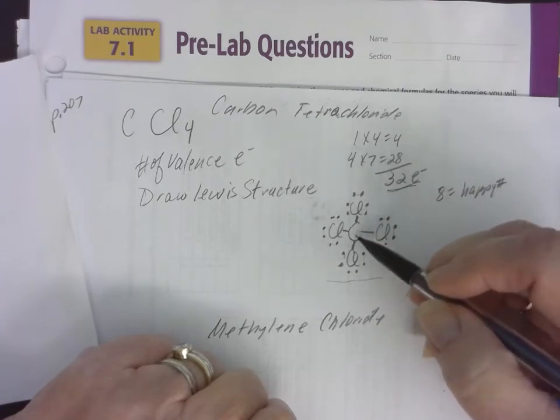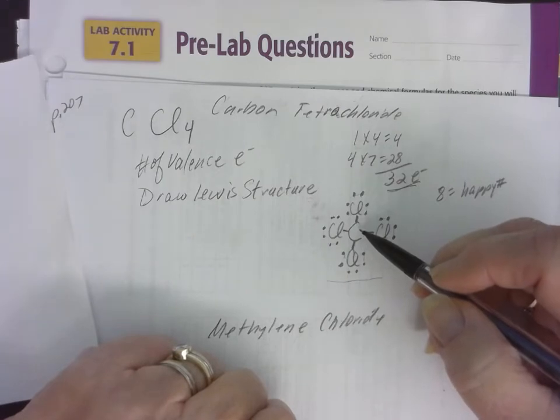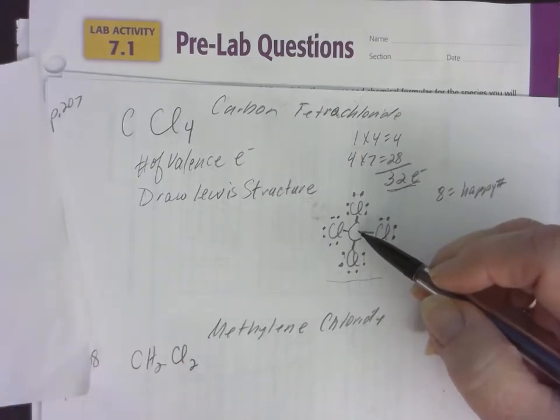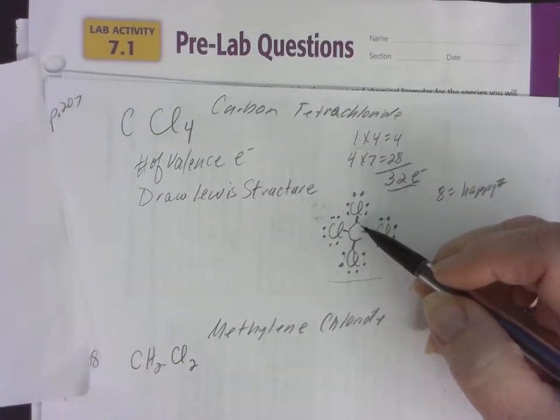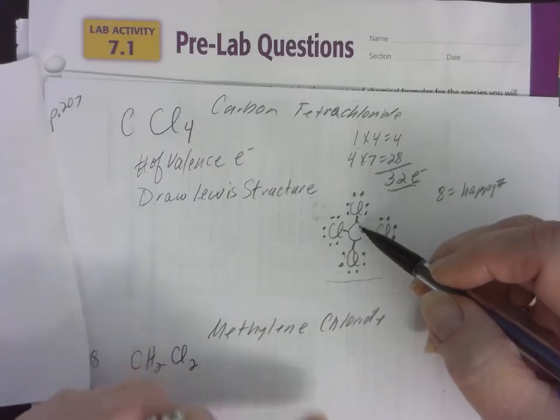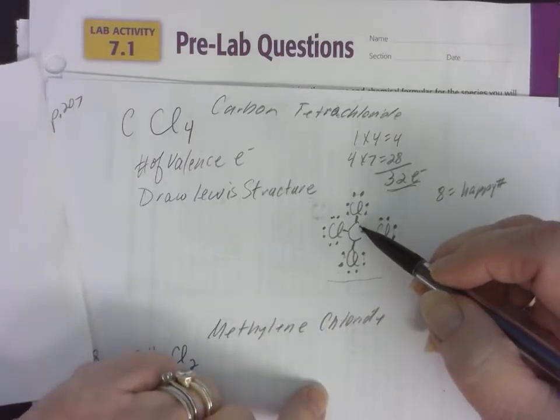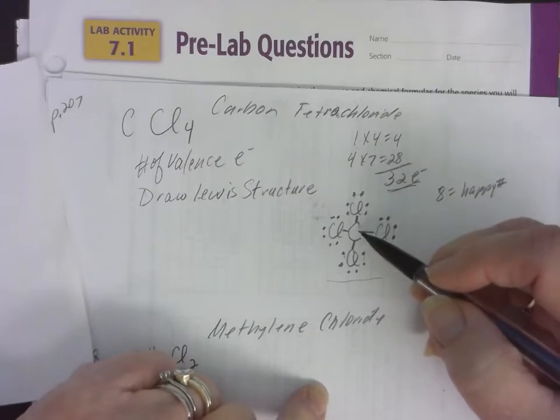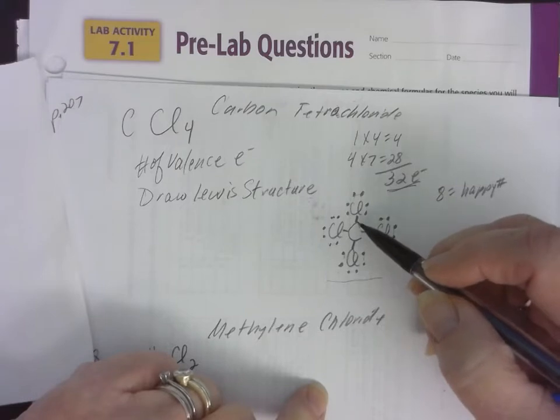So it has 8 around it too, but it's willing to share. I'm making them have human emotions, but you understand. It's all got to do with energy and the pull that protons have for the electrons. So I like to put it in simple words, but you can think of it more sophisticated if you want to. But carbon is further away from fluorine than chlorine, so that's why it's going to share more than the chlorine.